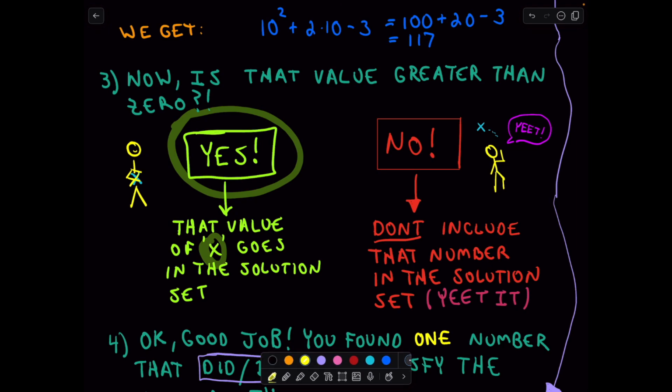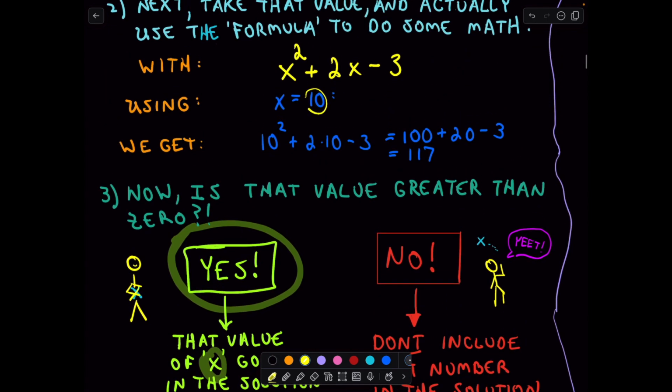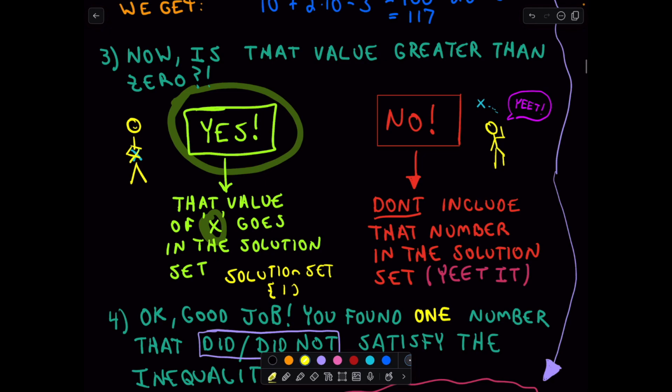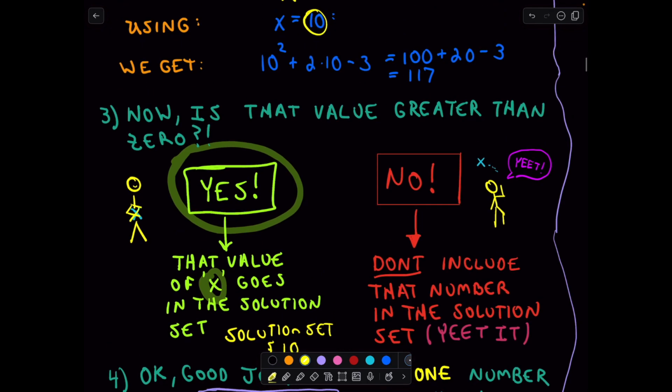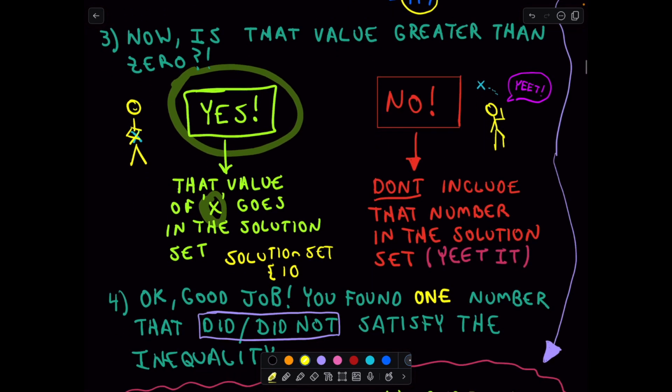I don't know all of the solution set, but I know for sure that the number 10 belongs to it because I got 117, which is greater than 0. So x equals 10 is a good number, and I'm going to keep it. If it hadn't been greater than 0, we simply wouldn't include that number in the solution set. We would get rid of it.